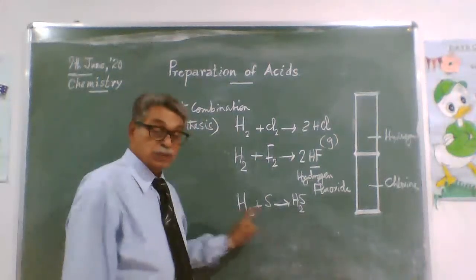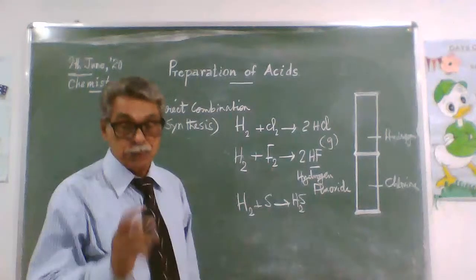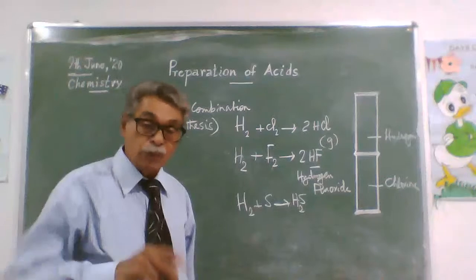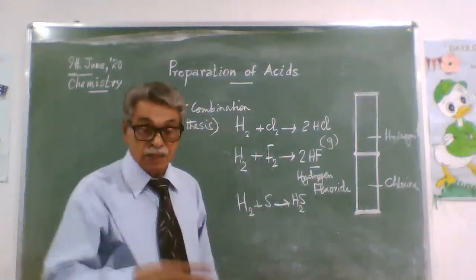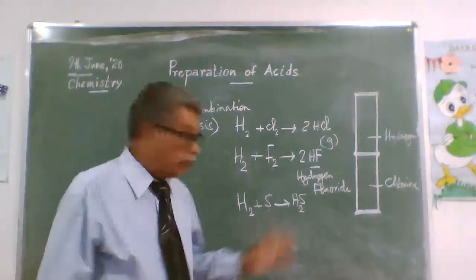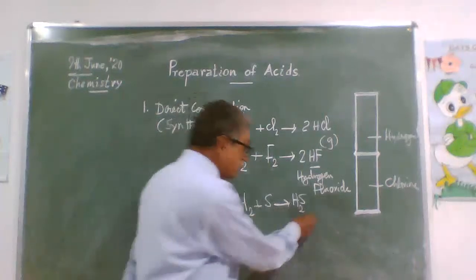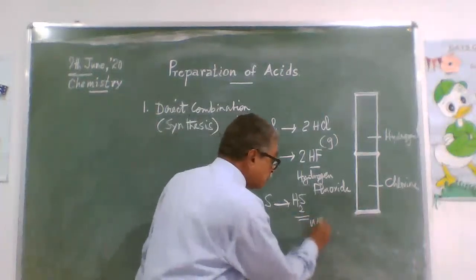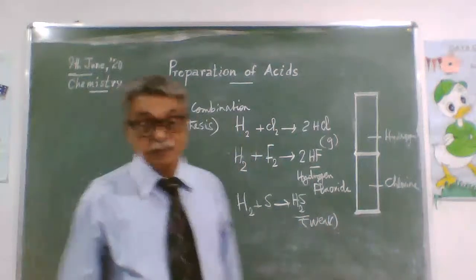Sulfur is a yellow substance that can be powdered, heated and boiled. Hydrogen can be passed through boiling sulfur, and you get hydrogen sulfide. Hydrogen sulfide is a very weak acid.